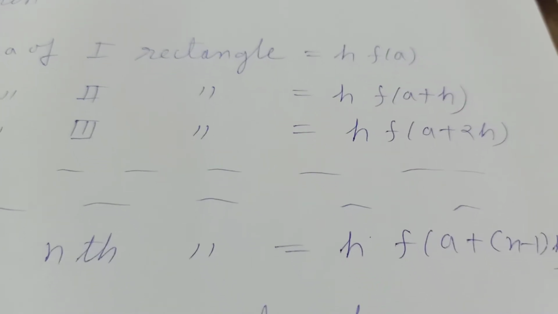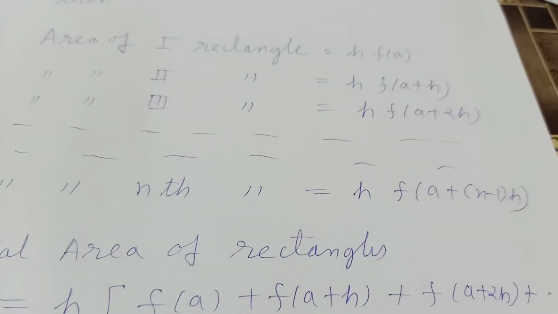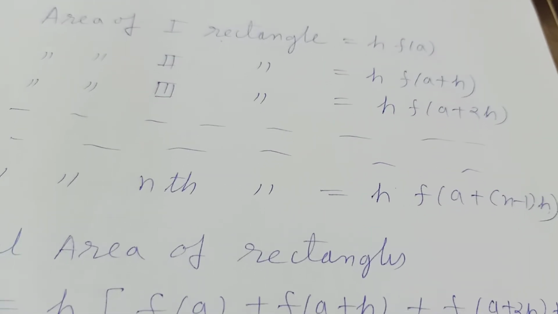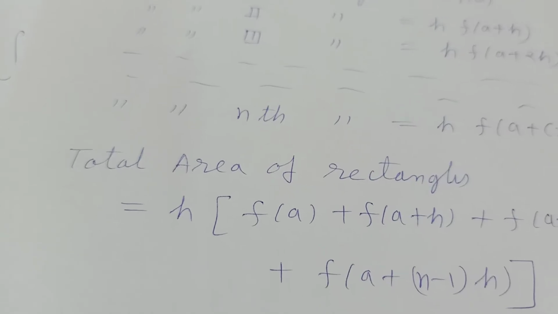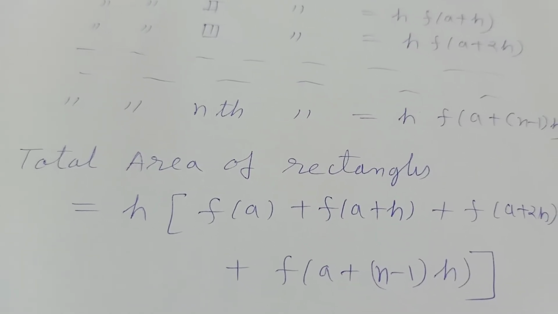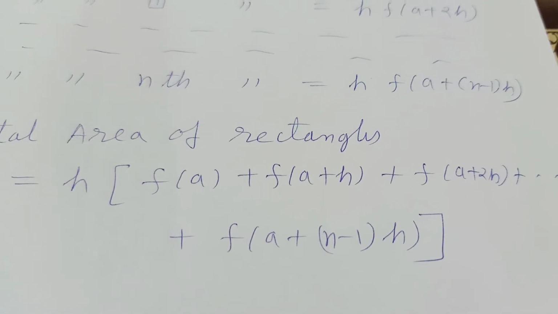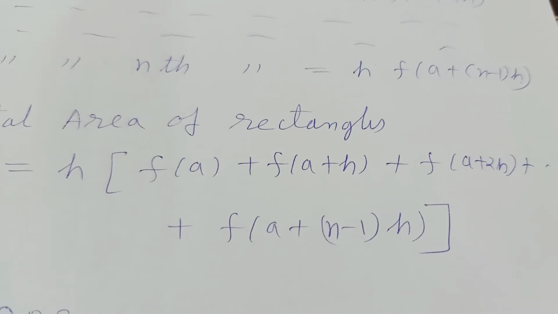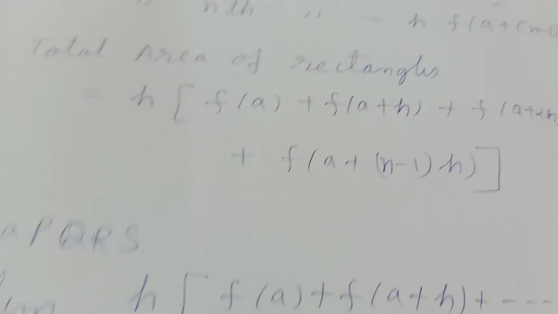If we continue this way, we get the area of the nth rectangle, h into f(a plus (n minus 1)h). The total area of the rectangles is h into [f(a) plus f(a plus h) plus f(a plus 2h) plus up to f(a plus (n minus 1)h)]. So this is the sum of the areas of all rectangles.